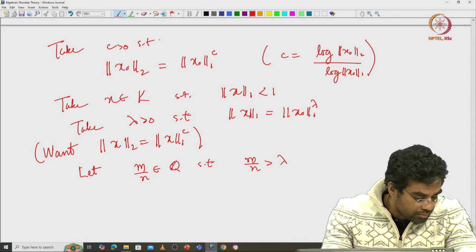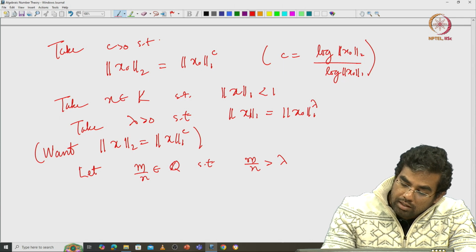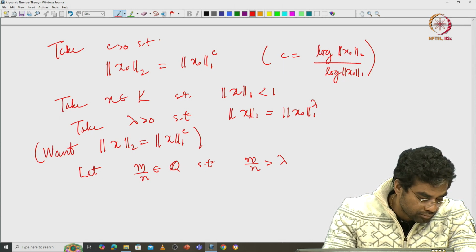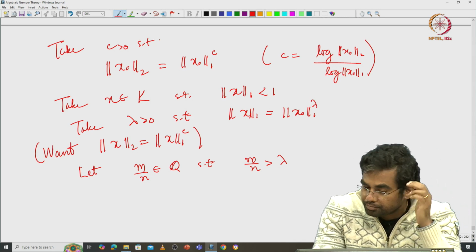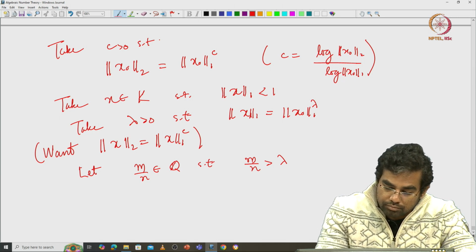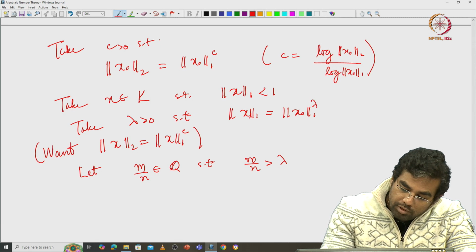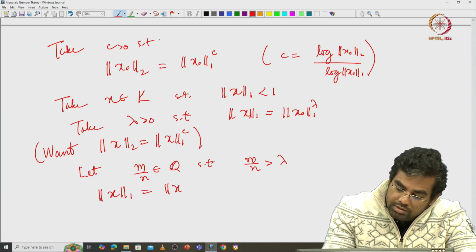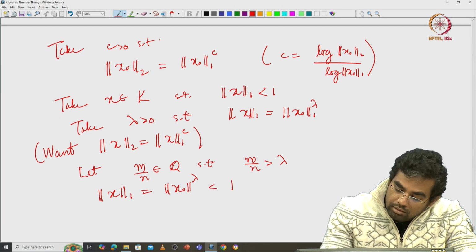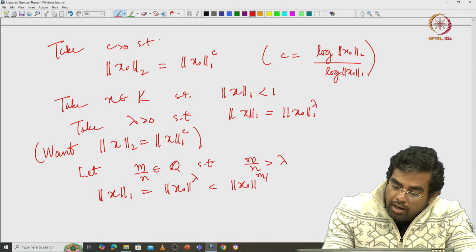Okay. So, what do I get then? Let me do it this way. This means that valuation 1, which is x0 to the lambda, is less than x0 to the m by n.